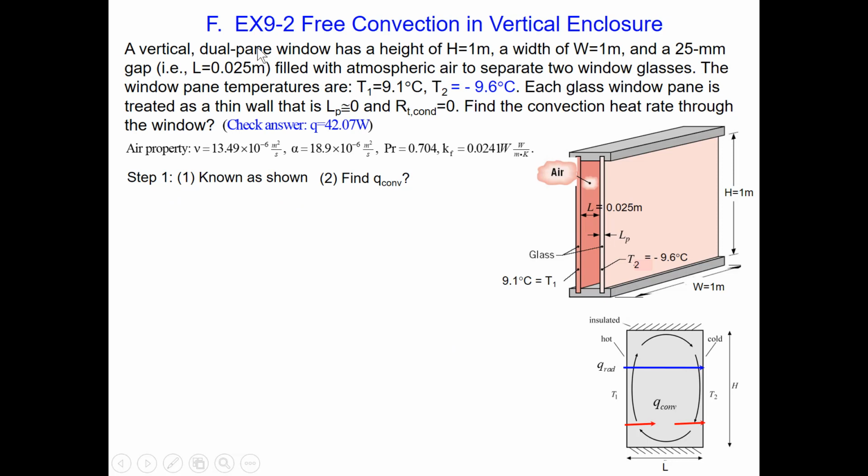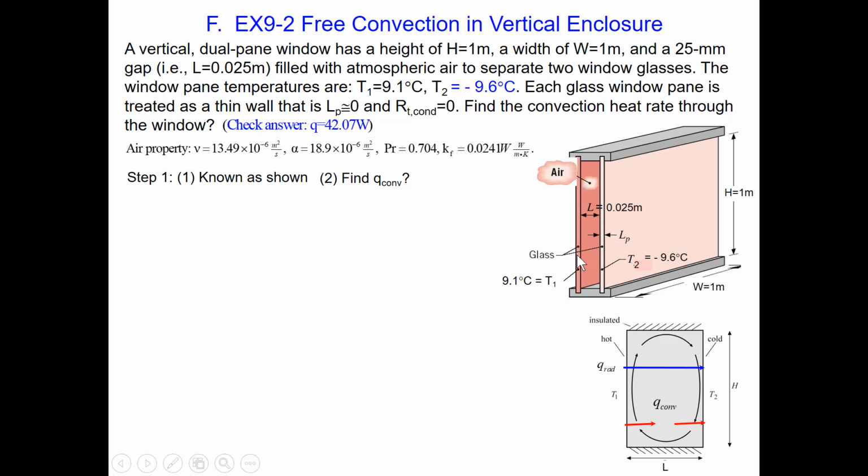F. Example 9-2, free convection application. There's a vertical dual pane window with a height of H, width of W, and a gap of L. It is filled with air to separate 2 window glasses.